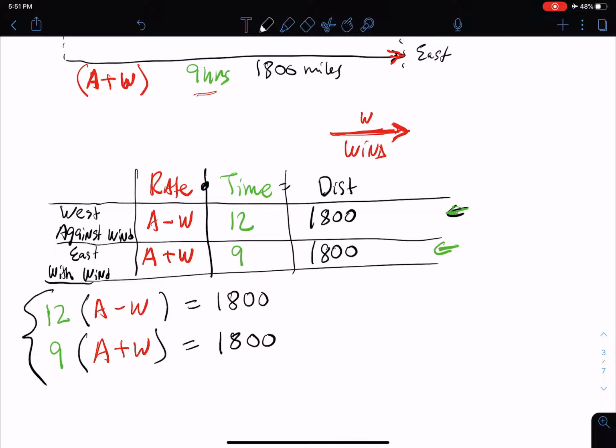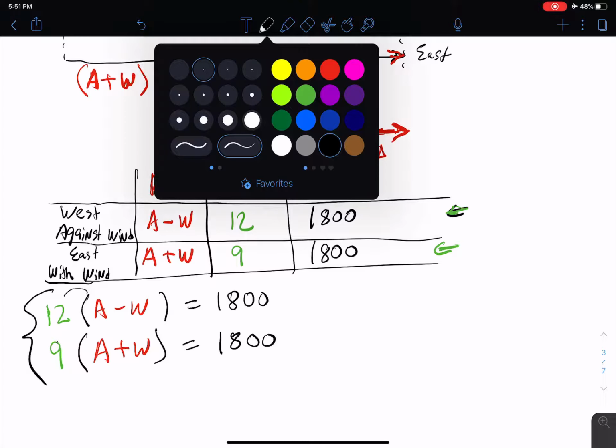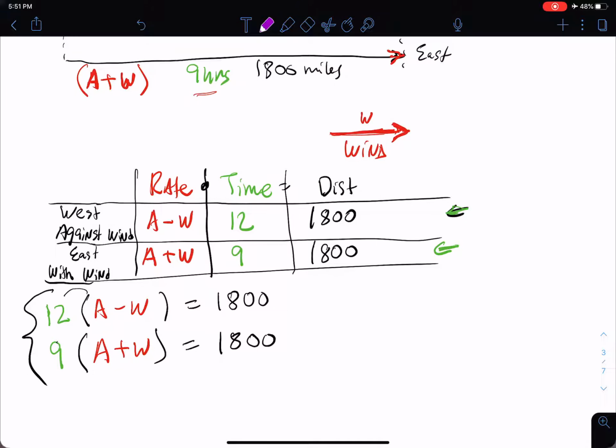Now, what you could do is distribute the 12, distribute your 9. That's a normal thing to do. Numbers get a bit big. Here's an alternative, and when you see this, you're going to want to remember this. This is 12 times, right? So how do you undo multiplication? Division.